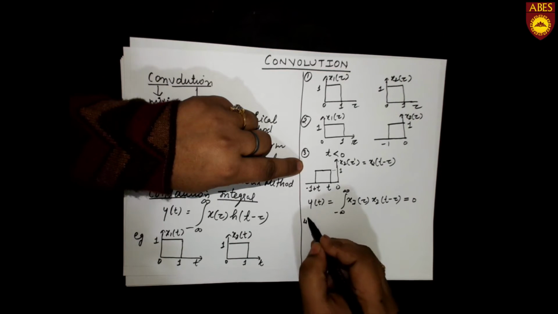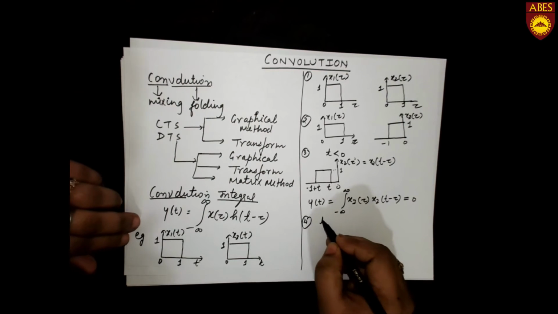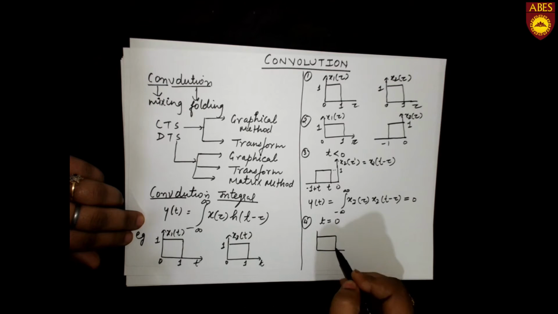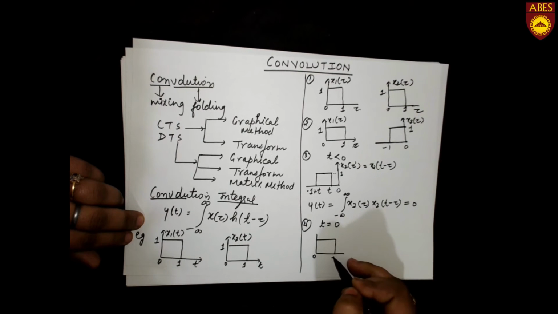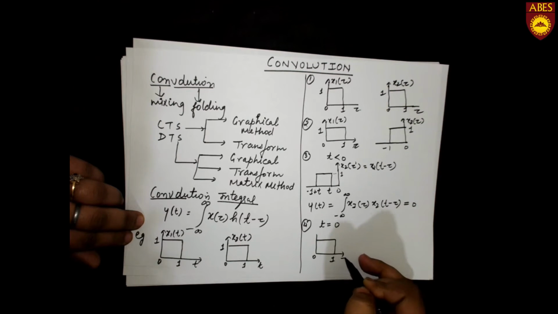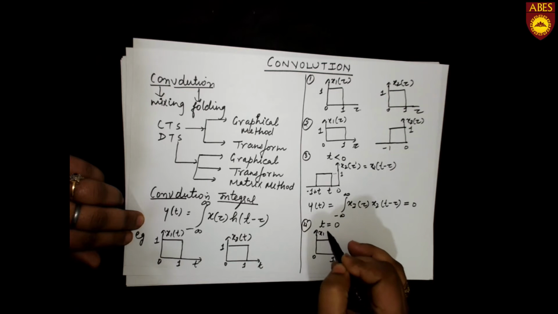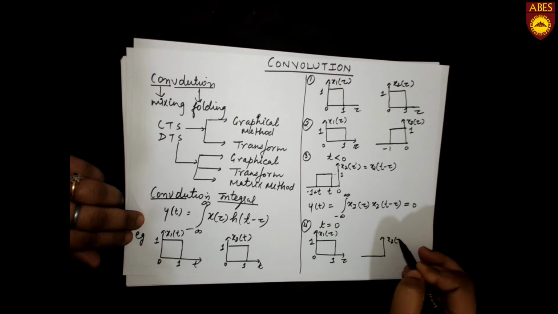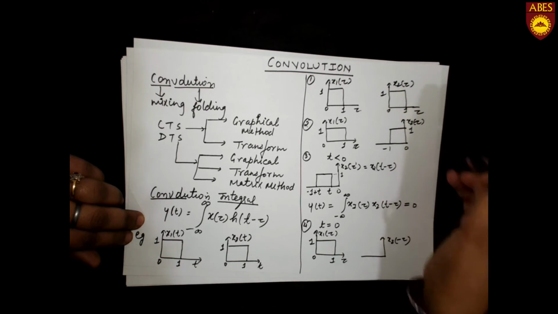Now the fourth step is at t is equal to 0. This is your x1(tau) and this is your x2(minus tau) folded signal.